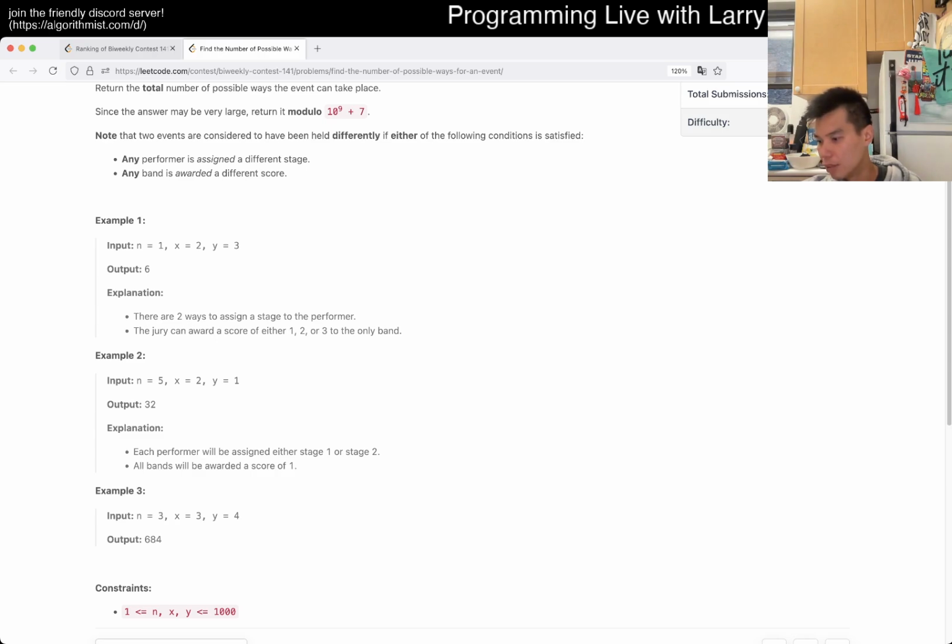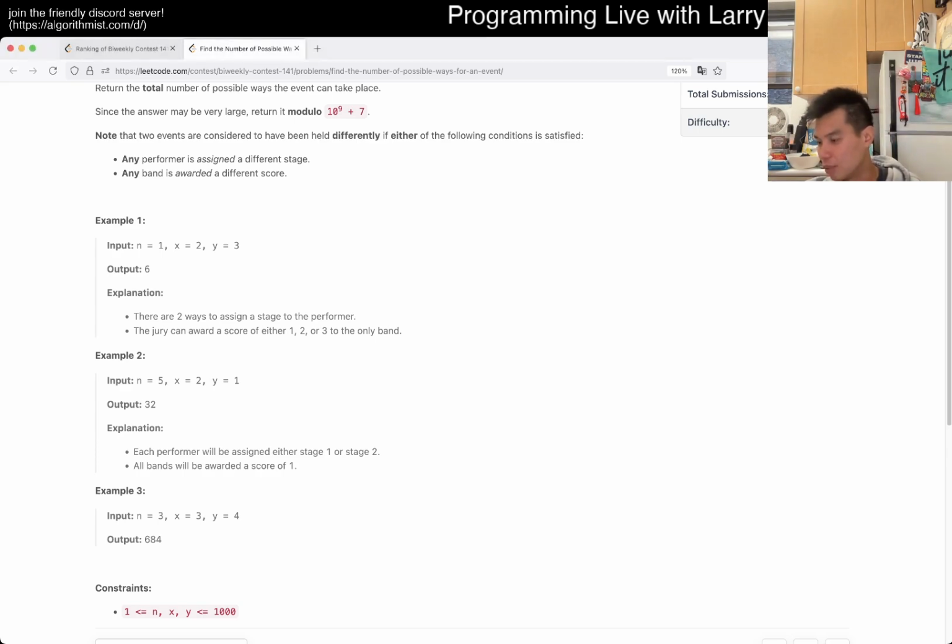Okay, so 3 choose 3 is 1. And 3 to the 1 group is 3. 3 choose 2 is, what is 3 choose 2? Oh, I'm confusing myself. I know it's, okay, it's 3.